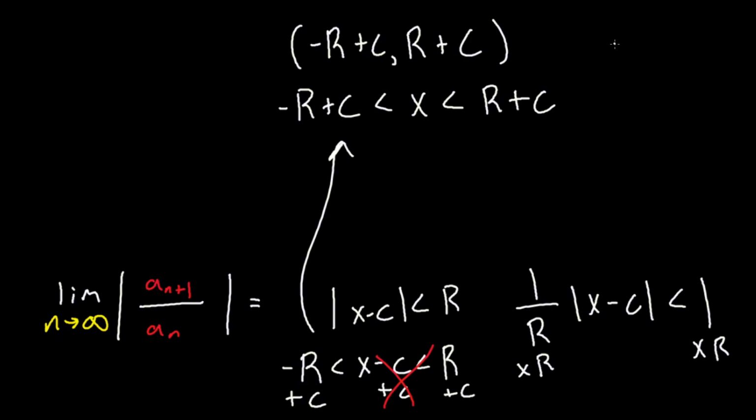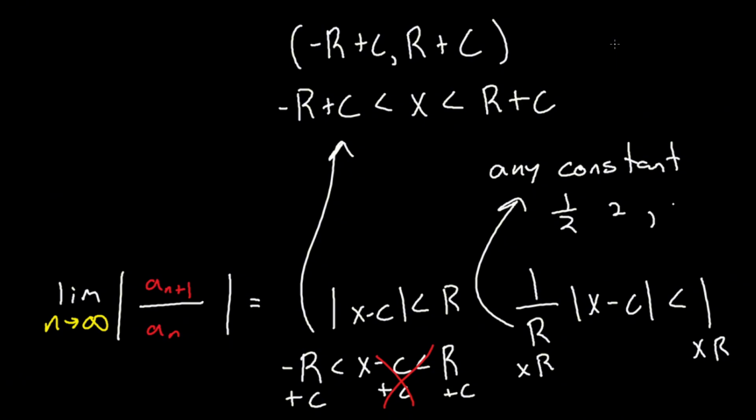A couple more things I would like to add to clarify more points: whatever r value you find, like right here, r, it could be any constant. Most of the time, it's going to be some constant, maybe 1 over 2, maybe 2, maybe 3, any real number.